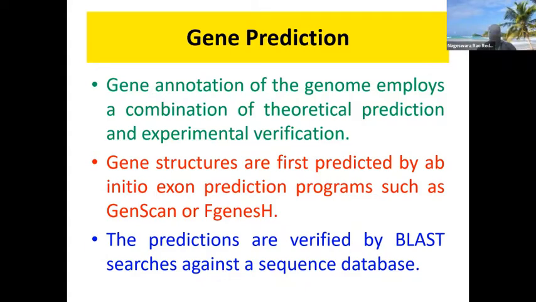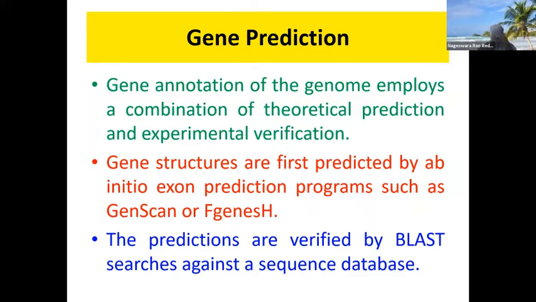Generally, the tools used at large for scanning bacterial genes are GeneScan or GeneMark. The methods used here are the ab initio method or the homology method. These are theoretical predictions, and the tools developed on them are GeneScan and GeneMark, in bacteria.